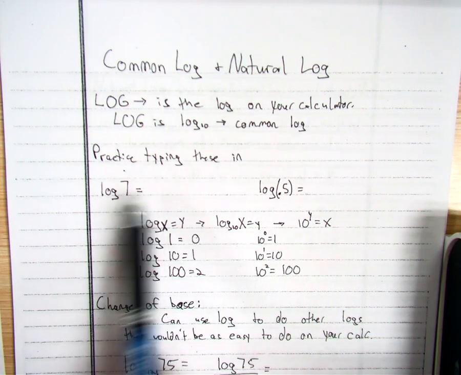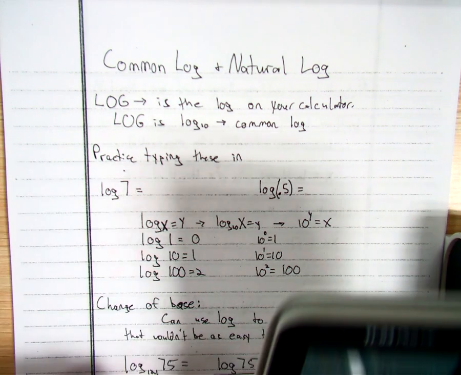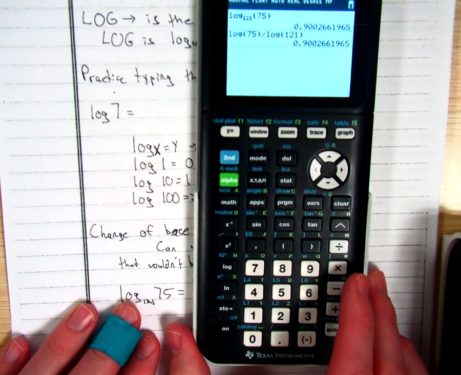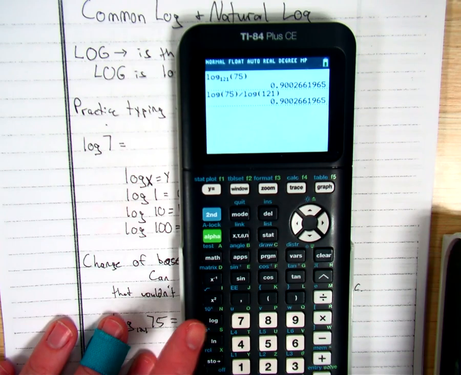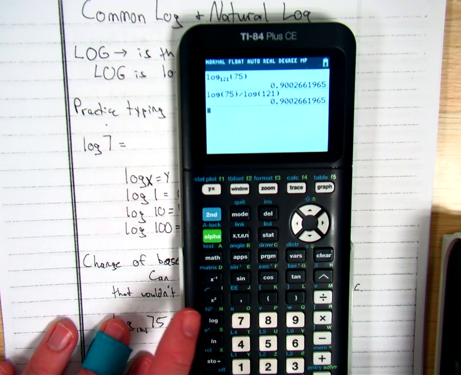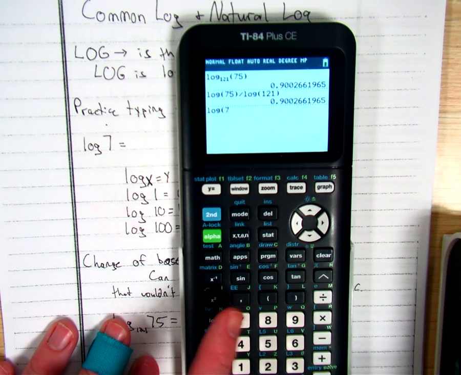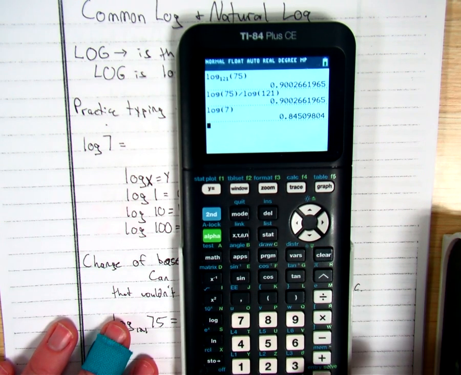Alright, practice typing these in. Log of 7. On your graphing calculator, log is over here by the number 7. That's why I picked it. Log of 7, and we're going to close our parentheses.